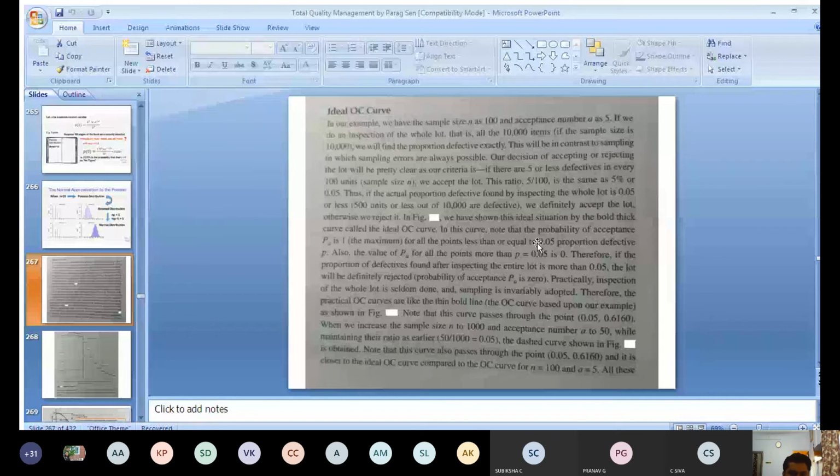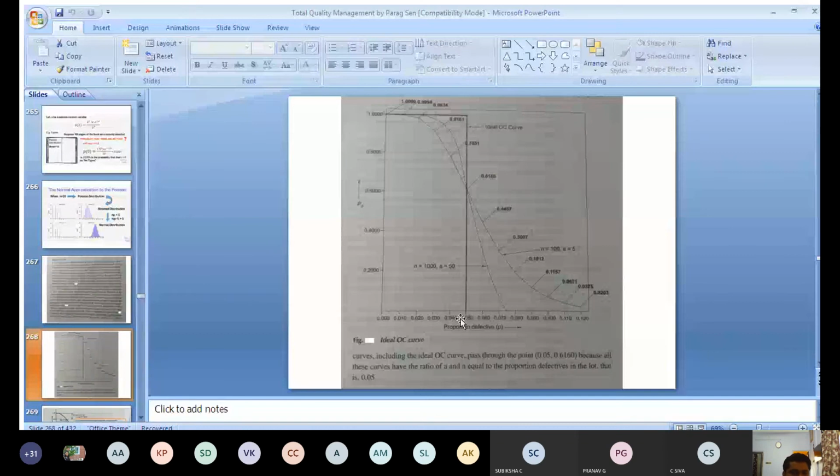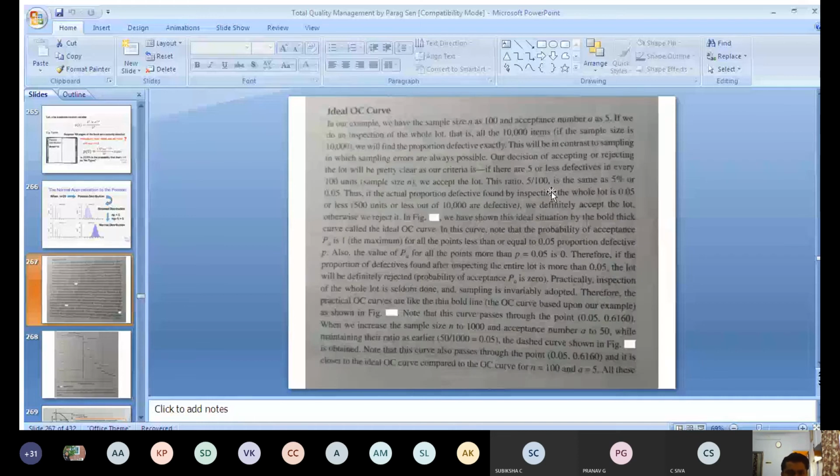That means if you have a proportion defective greater than 0.05, if instead of 5% there is 6% defective or 7% defective, then you are not going to accept the lot. So the probability of acceptance will be 0 in this case. This is the procedure.